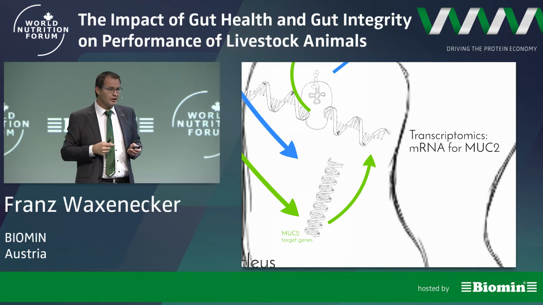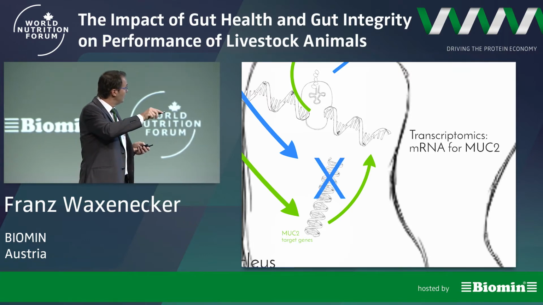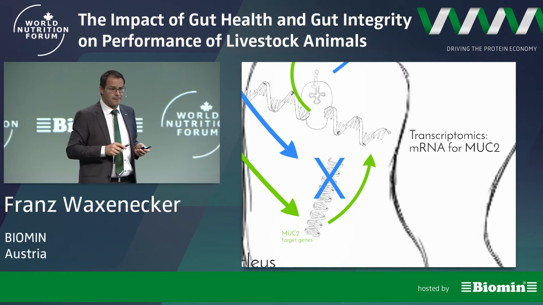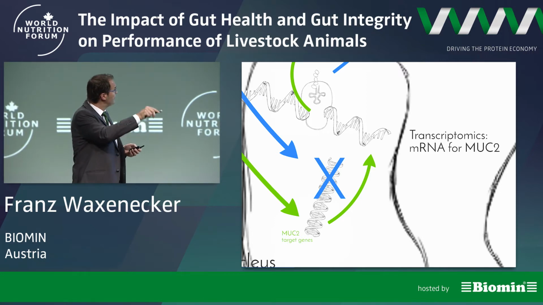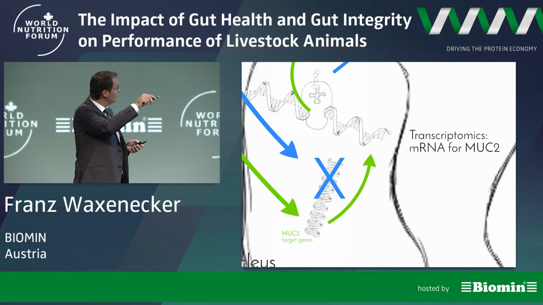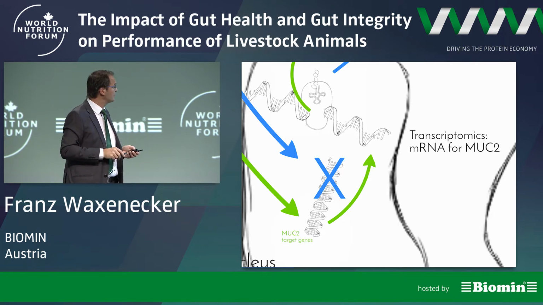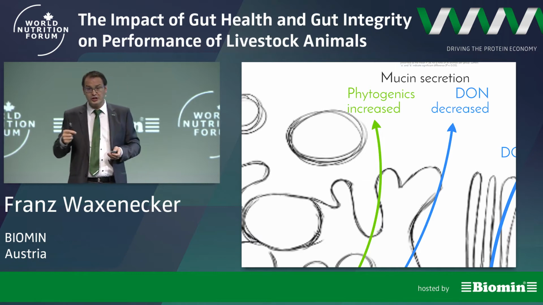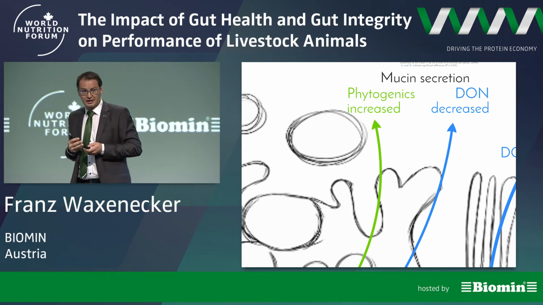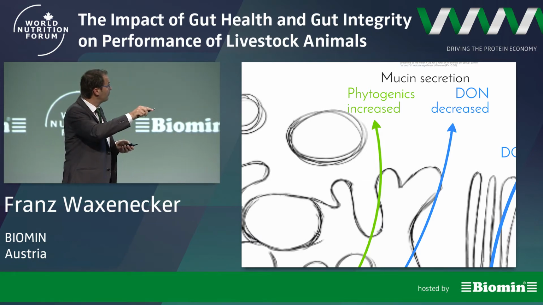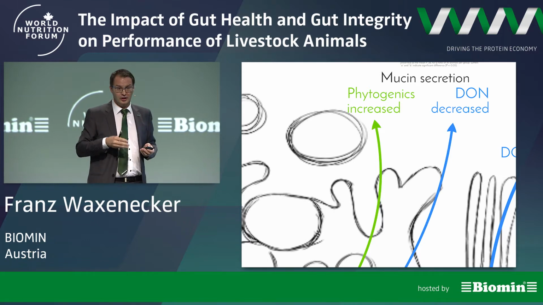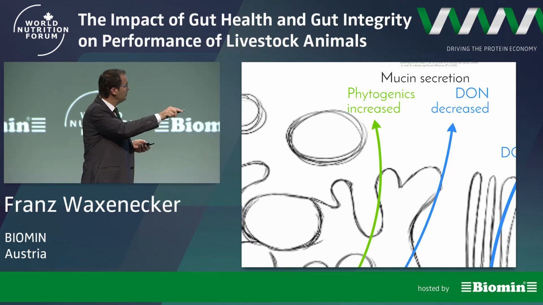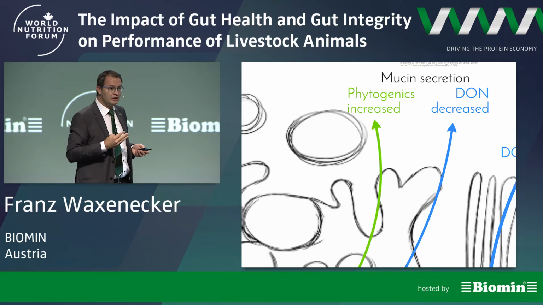The deoxynivalenol, on the other hand, is exactly blocking that. And if we see that further, what we learn here on this level with transcriptomics, we see that the mucin secretion, which is a result of the MUC2 target gene, is, in case of phytogenic application, increased, in case of deoxynivalenol, decreased.